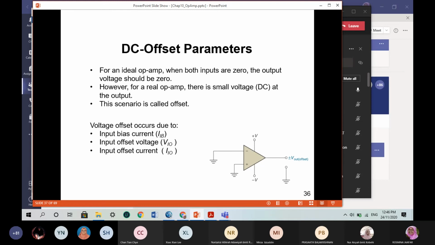So we have to apply this DC offset to make the output become zero. That's why we call it DC offset. The voltage offset occurs due to the input bias current IB, the input offset voltage VIO, and also the input offset current. So there are many factors that cause the DC offset voltage.